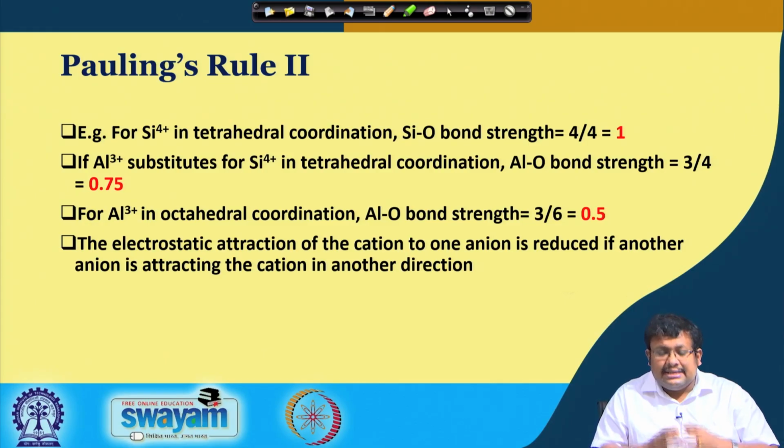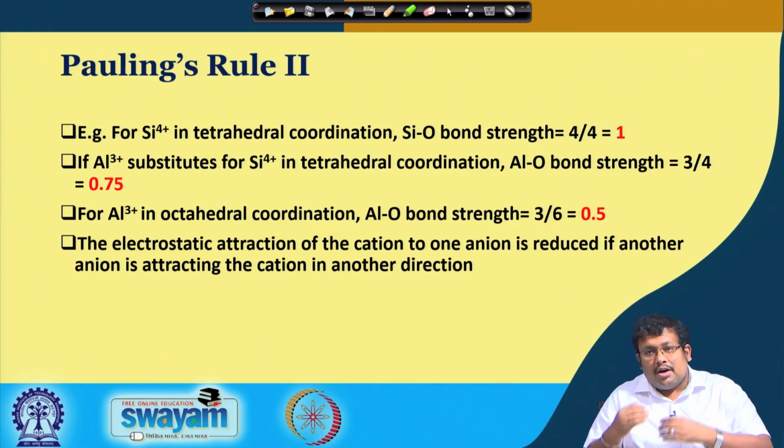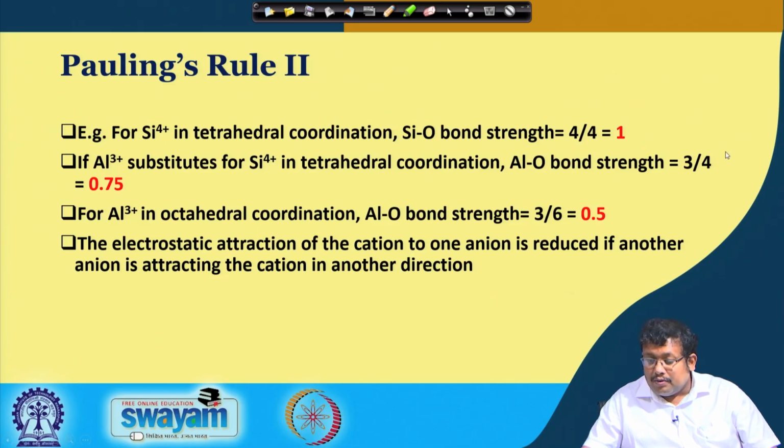In that case, the aluminum-oxygen bond strength becomes 3 by 4, where 3 is the valency of the cation, that is aluminum, and the coordination number is 4. So, we are getting 0.75.